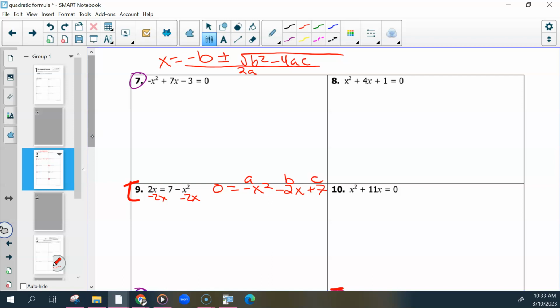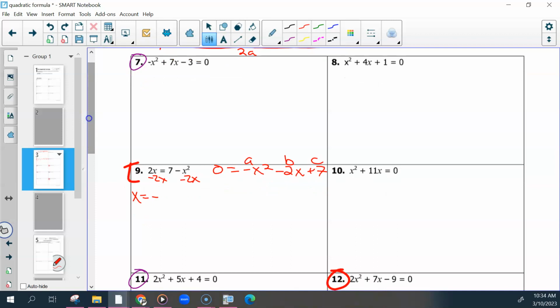So then we would start to put all of our coefficients in that formula. X equals negative B. So it's already negative, so we need another negative. As we start getting to the next one, I'll start skipping steps, and I feel like we did that last class too. Plus or minus the square root of.